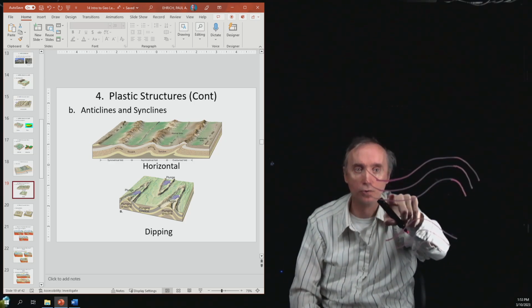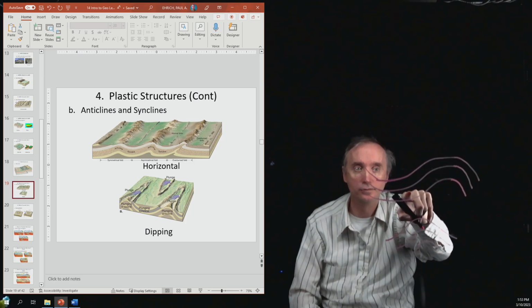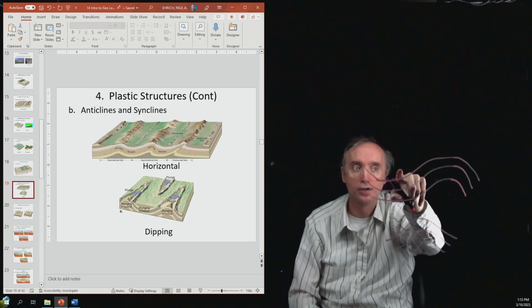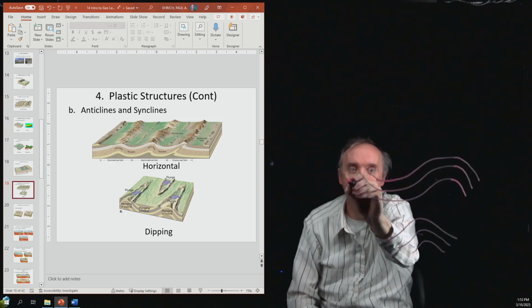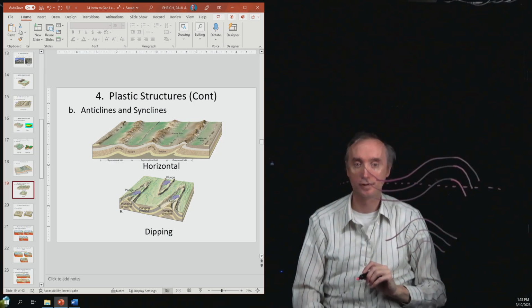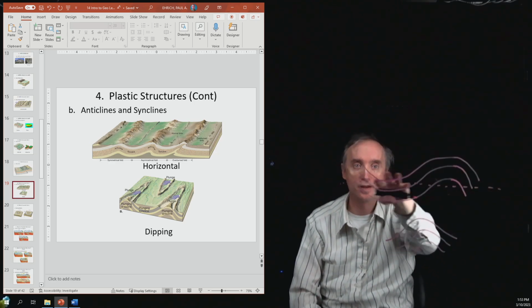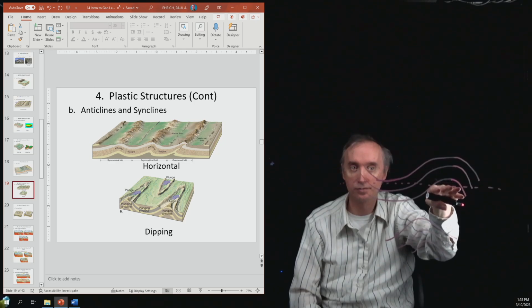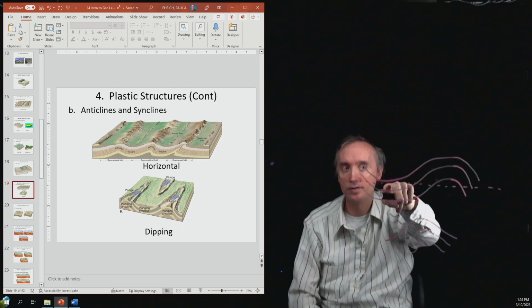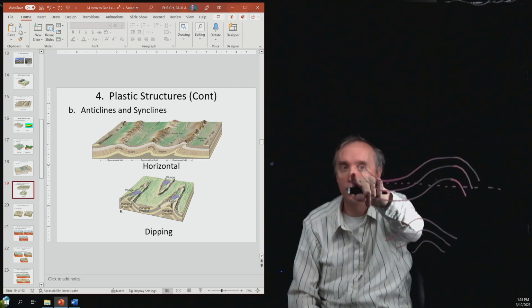Your oldest beds are going to be down here, and the youngest beds are going to be up here. If we were to make a cut through it, let's say that erosion occurs, with the syncline, the youngest beds are going to be in the middle, and the oldest beds are going to be on the outside.